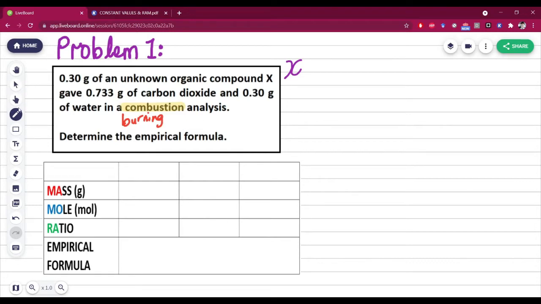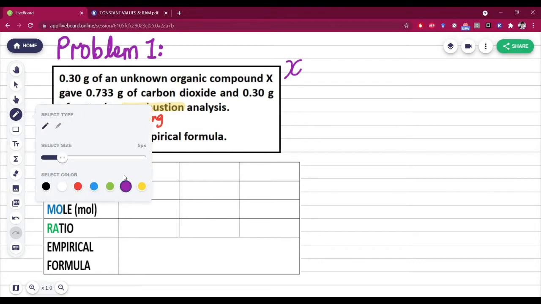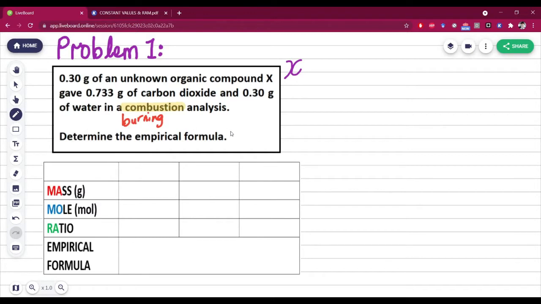So X is burnt in oxygen. When you want to burn something, you have to burn it in oxygen. And when you burn it, you will be producing carbon dioxide and H2O.